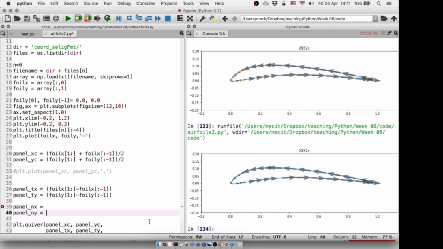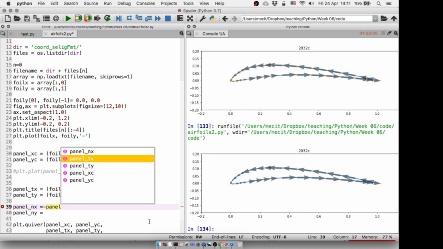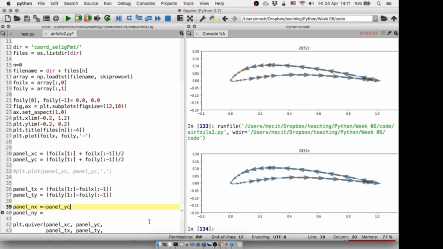And because the dot product of two perpendicular vectors is 0, if I do panel normal x equals minus panel ty, and then this one should be positive.